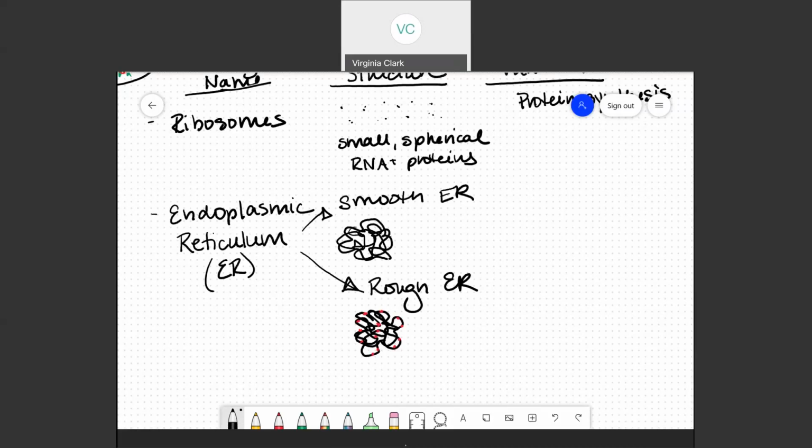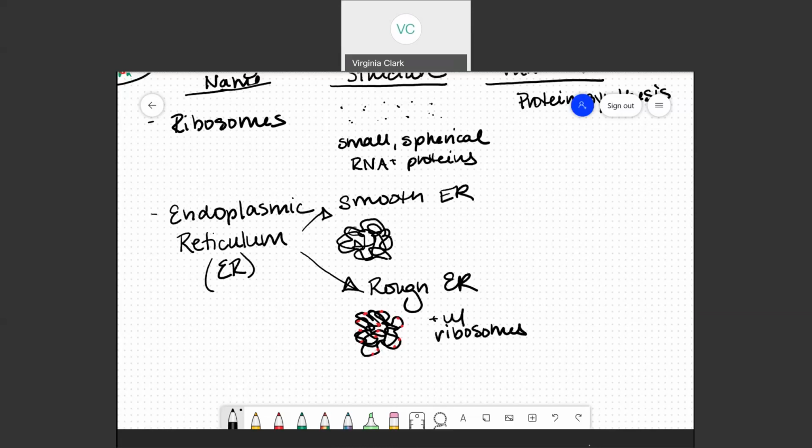There's nothing attached to it, and it's just a bunch of tubes put together, whereas your rough ER is going to be Nerds on a rope, where it is your licorice that has all of these little ribosomes embedded into it to make it very, very rough. So your rough ER is your ER that has ribosomes attached.